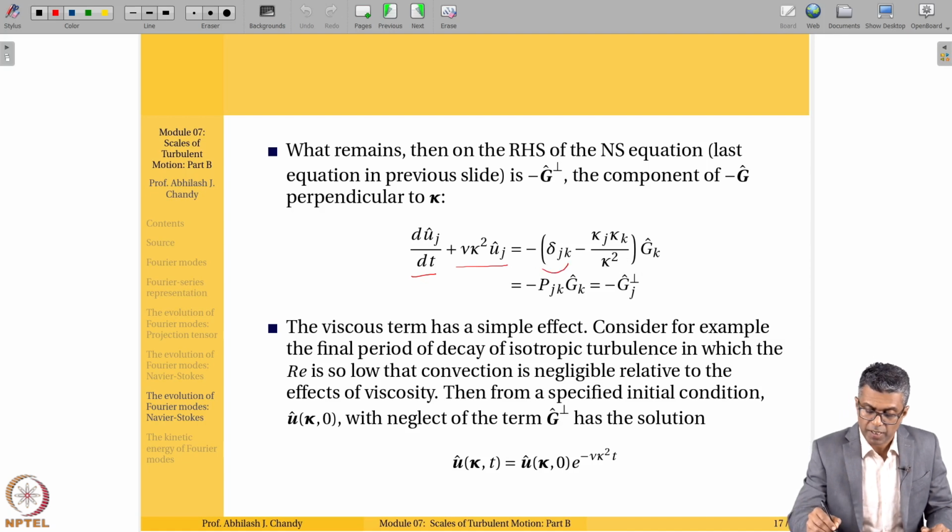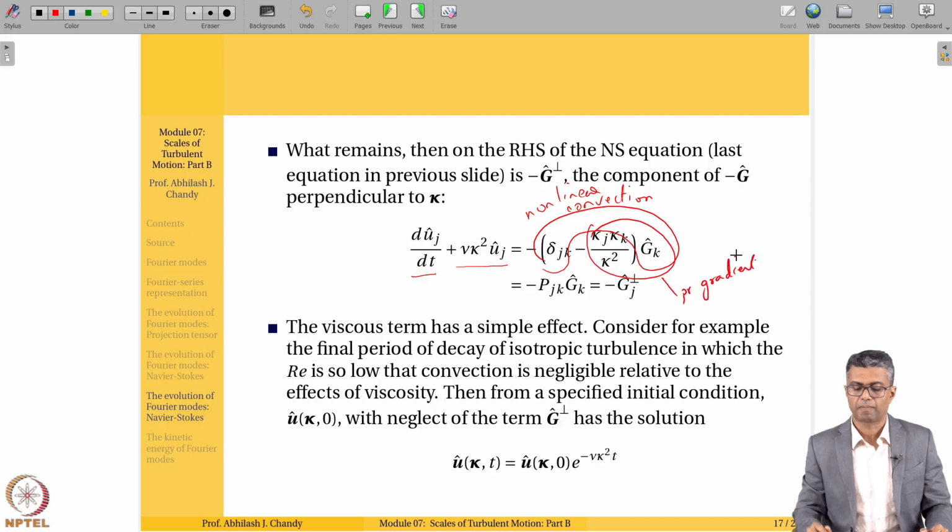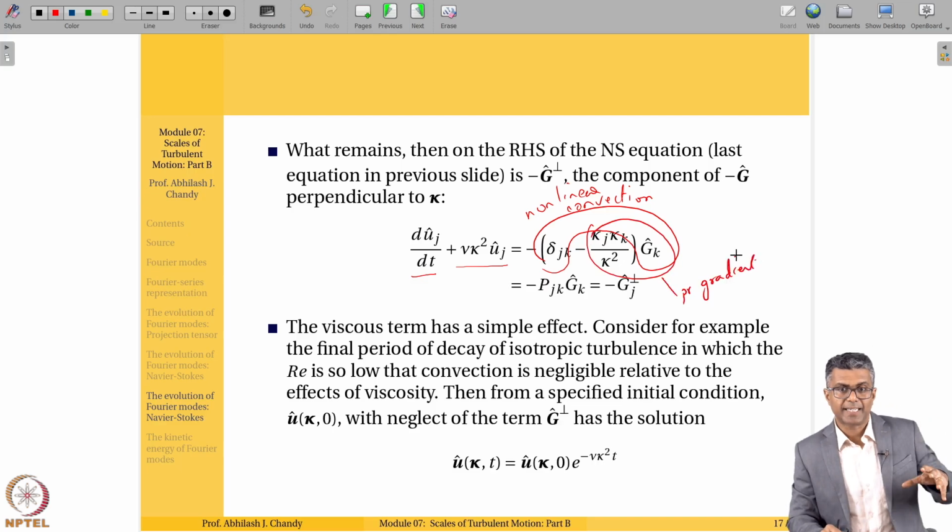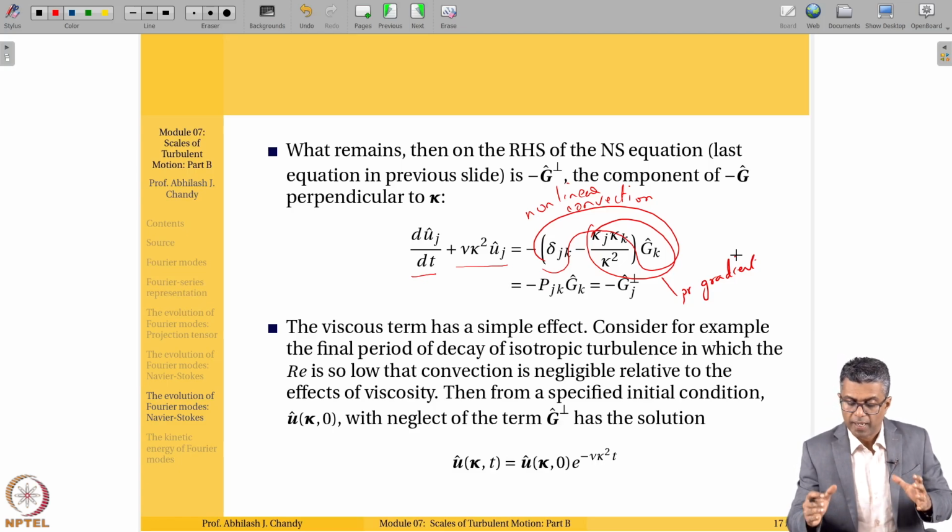So remember, this right here is the nonlinear convection, and this right here is the pressure gradient. The Kronecker delta jk minus kappa j kappa k over kappa squared, that is the projection tensor, pjk.